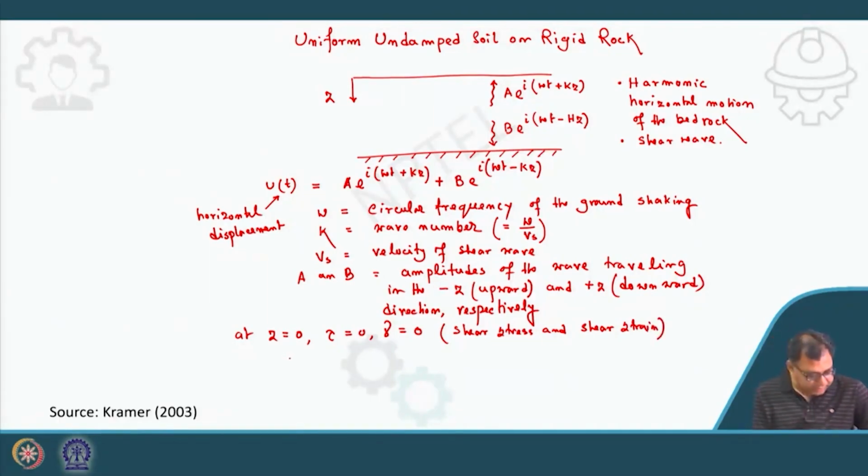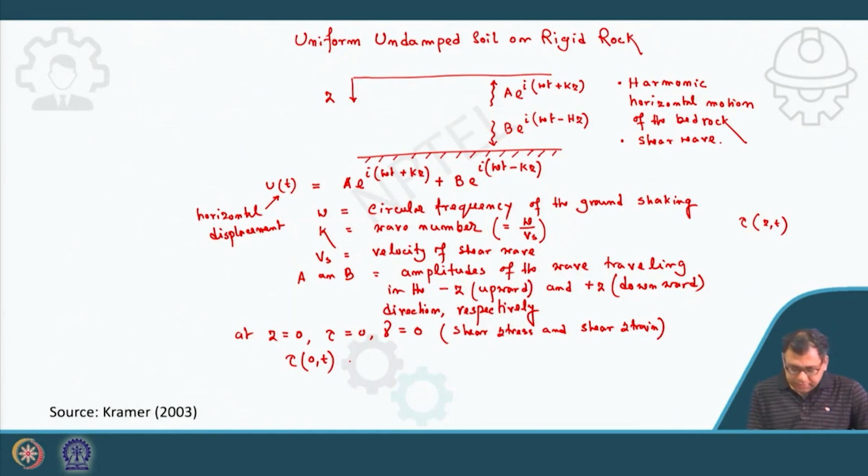So, I can write that tau is a function of z comma t, a function of z as well as t, because I can get the shear stress at any depth at any time. So, at different depths I will get the shear stress time response, and the shear strain time response also, if I know the G of that soil.